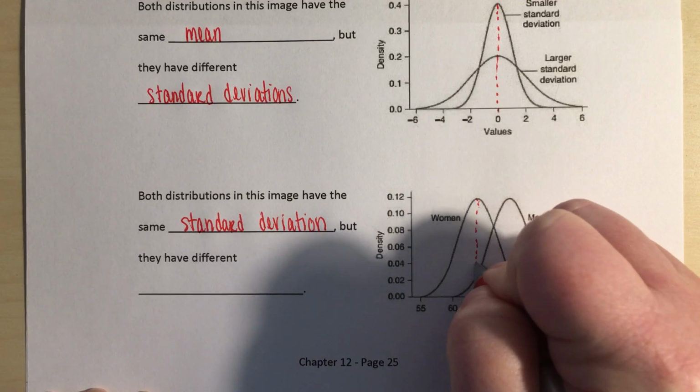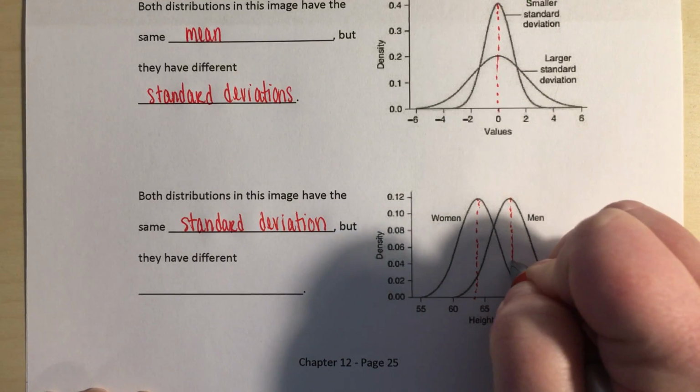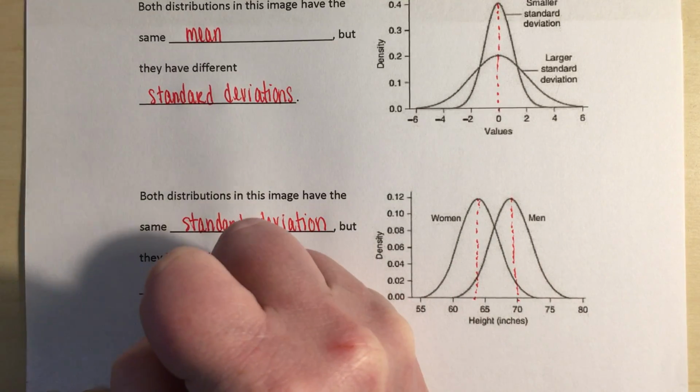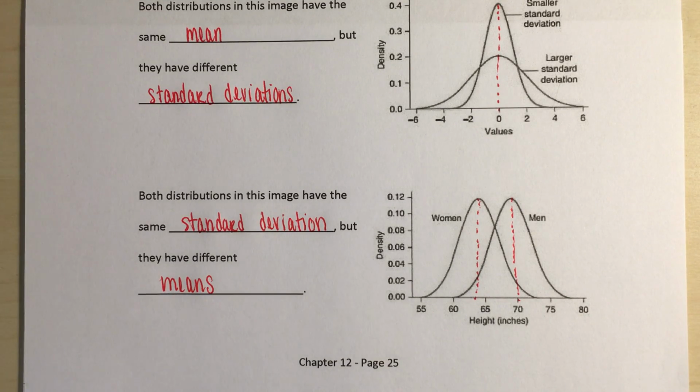Our mean for the women is around here, and the mean for the men is around here. So they have different means. So comparing relationships to one another, comparing heights of our curves based on our standard deviations is something that is definitely going to be a factor when we're looking at and calculating things about a distribution or comparing different distributions.